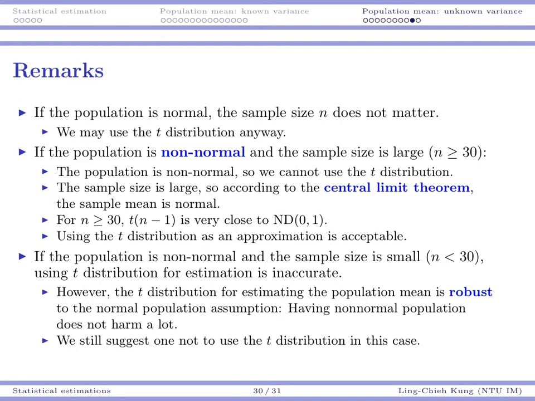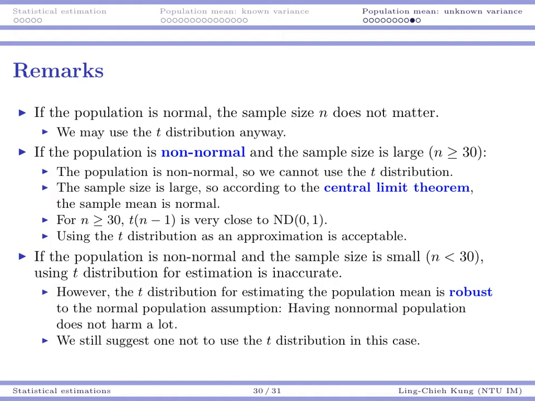But thanks to central limit theorem, your sample mean would be normal. It's just that the standard deviation of your sample mean would be unknown because you don't have sigma. So what will you do? You use this fact that when n is large enough, the t distribution would be very close to standard normal.